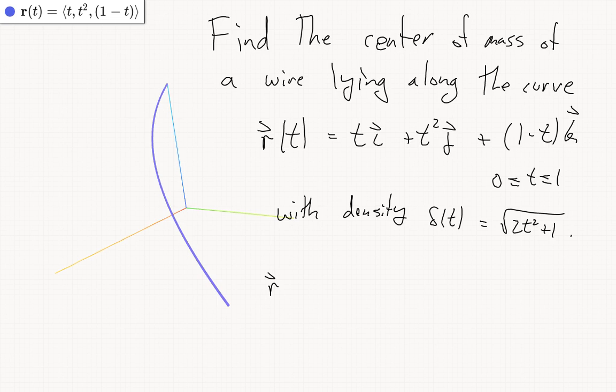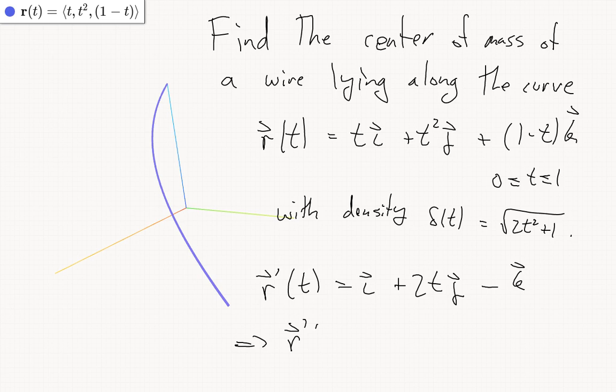So again, first we'll find the velocity vector. So r prime of t will be i plus 2t j minus k.